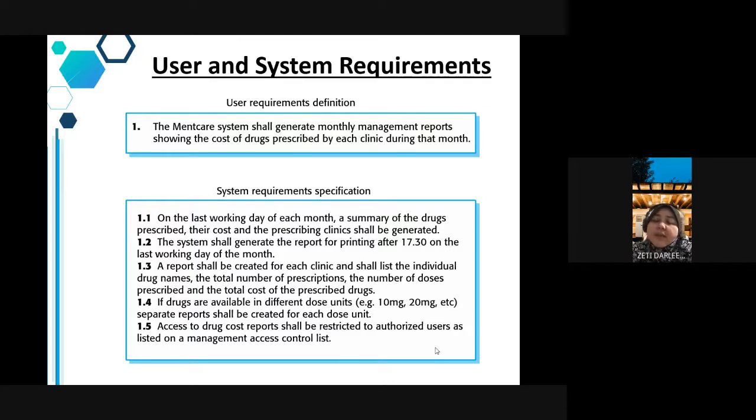So dia nak generate monthly management reports. Dalam report tu dia nak apa? Dia nak prescribe cost of drugs by each clinic in that month. So ini adalah apa yang user akan baca lah. Tapi system requirements kita kena detailkan according to dia punya specification.